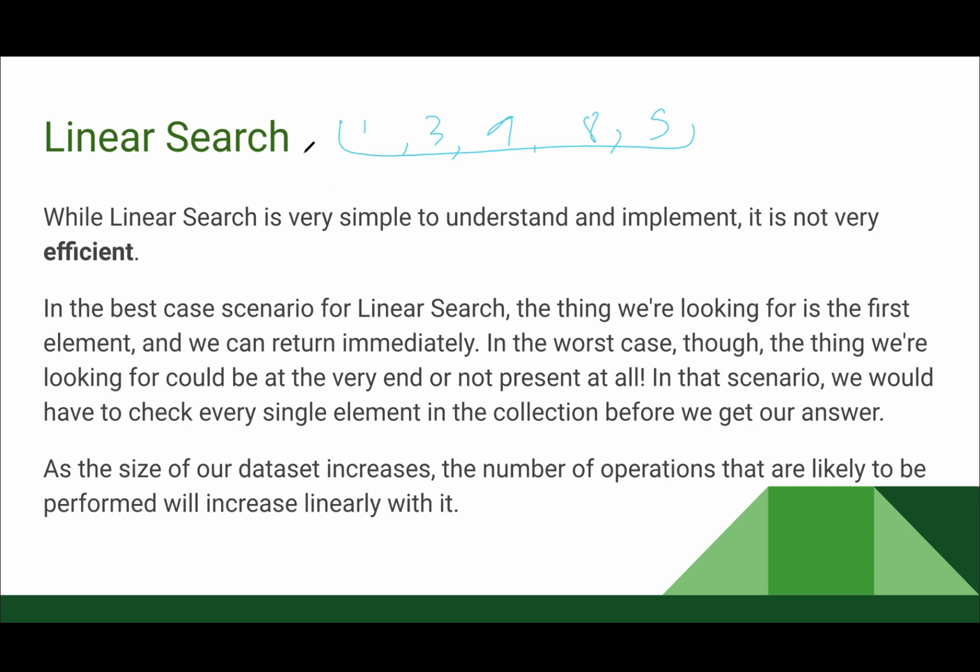Now, in our worst case scenario, the thing we're looking for could be our last element. We could be looking for 5, or we could be looking for something like 6. 6 isn't in the array at all, so we would have to look through every single element. We have to go one by one, checking, is this what I'm looking for? Through the entire array. And if we never find what we're looking for, we look through absolutely everything to find, hey, it does not exist.